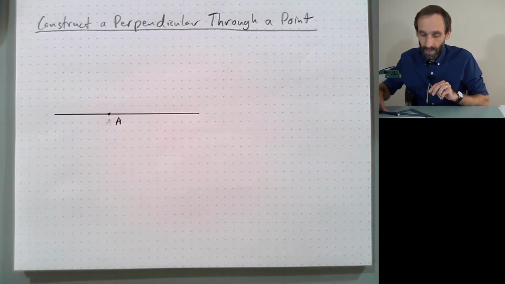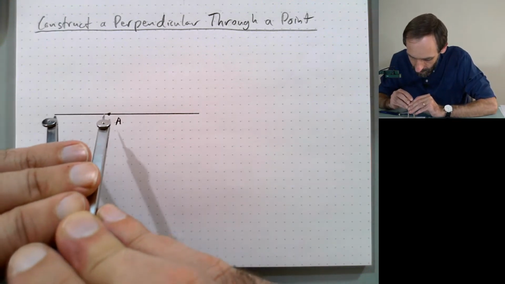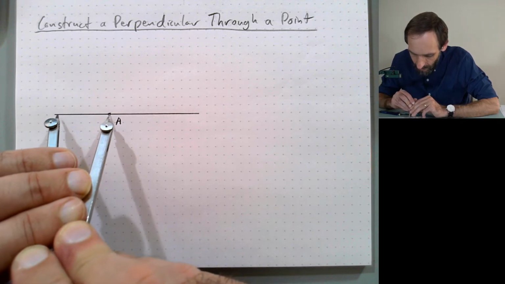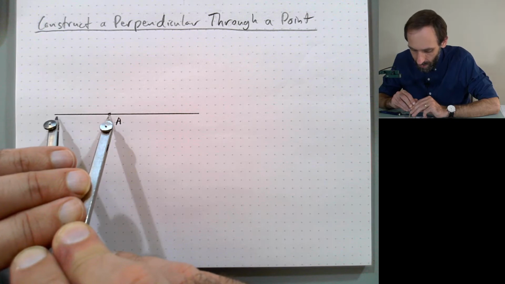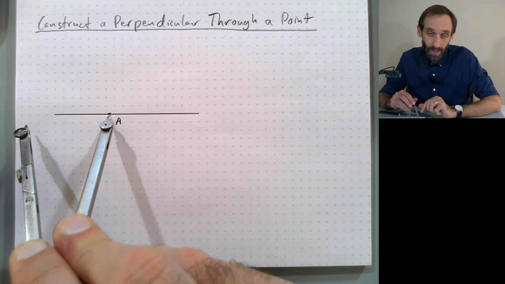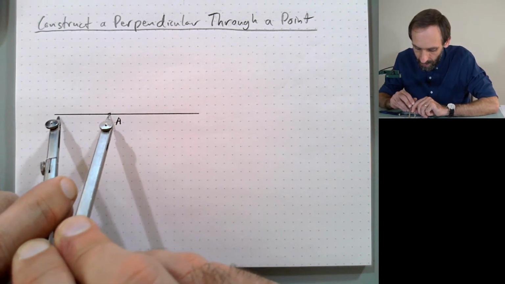Okay, so the first method is with an equilateral triangle, and we're going to need to start by centering the compass at A and then set it to be pretty much any setting. You don't want it to be so big that it misses the line, and you can always extend the line if you have to. You don't want it to be tiny because then it will be less accurate.